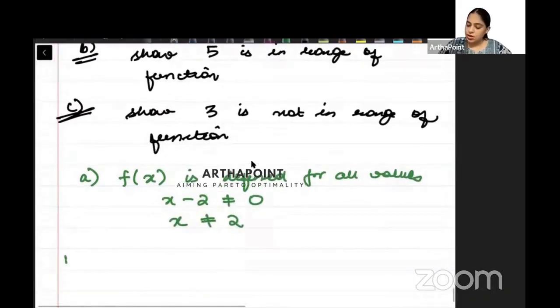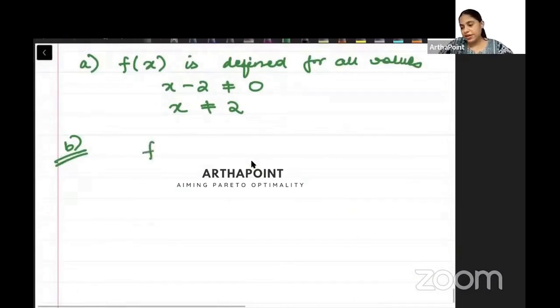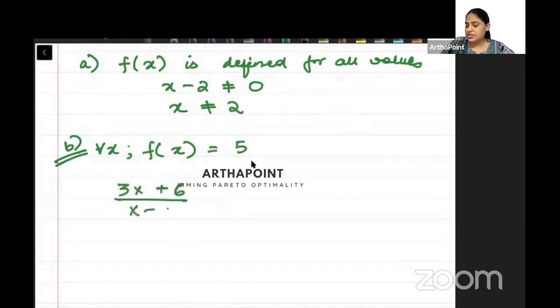Second part. Show 5 is in the range of the function. So 5 range में कब होगा? When, for f of x, there exists some x. ऐसा कोई exist करता है x domain के अंदर such that f of x is 5. So I need to equate (3x plus 6) upon (x minus 2) equal to 5.